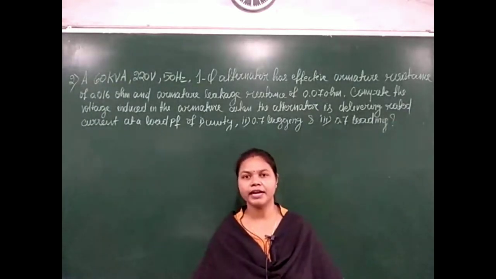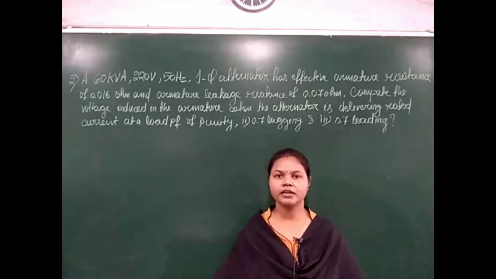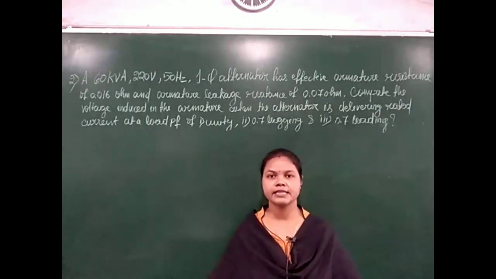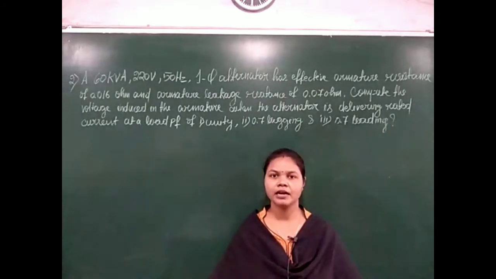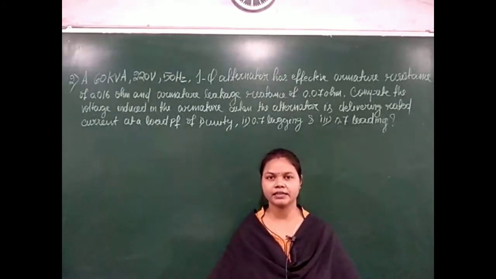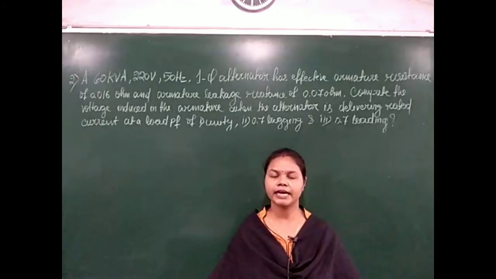Now for finding the voltage generated, first you draw the equivalent circuit diagram, then the phasor diagram for each case, that is for unity, lagging and leading power factor. Then you go for the calculation of generated EMF.